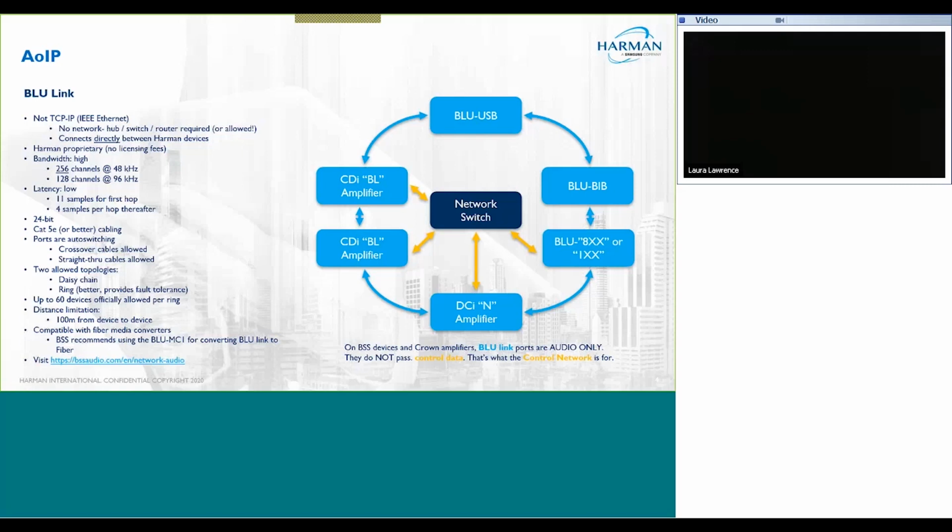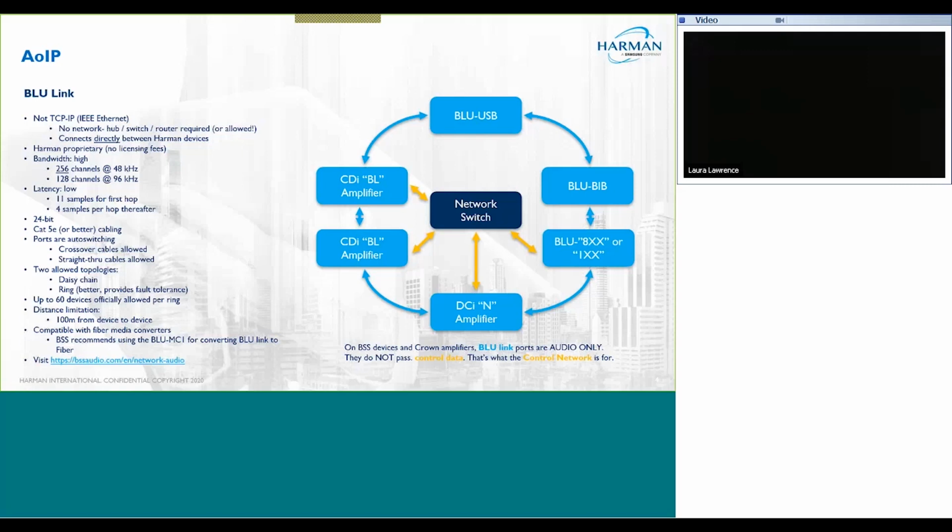Oftentimes you have to pay for a drop, in some cases for every drop onto the corporate network or the campus network or whatever that might be. Oftentimes there's a fee to pay just for the drop, and then there's also a monthly maintenance fee for that drop. That would not be any kind of concern whatsoever with BLU Link because it doesn't touch the network.